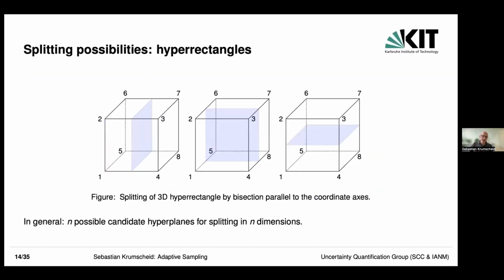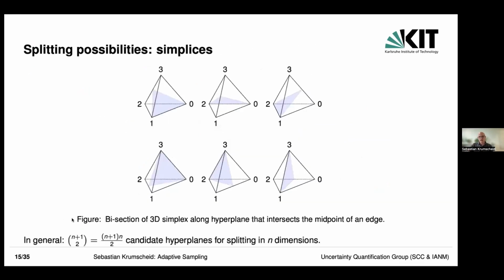Now we can discuss how we should split these hyperrectangles so that they remain hyperrectangles. In n dimensions, you have n possible candidates for splitting a hyperrectangle. You have a few more if you work with simplices, but we impose these structured rules, always splitting according to some midpoint to get two equally sized simplices or hyperrectangles out of the original strata.